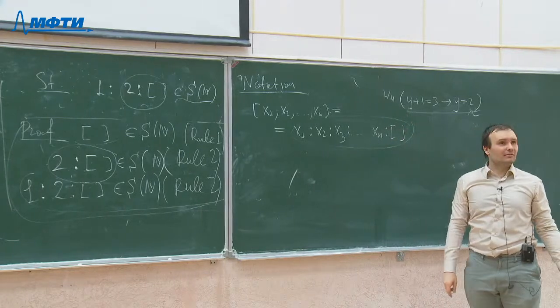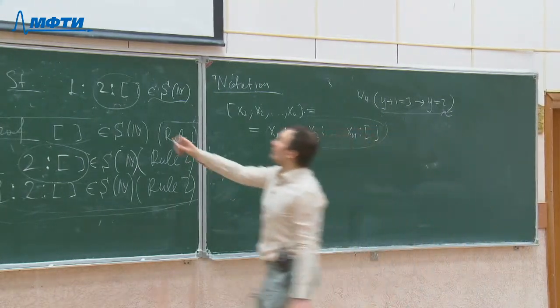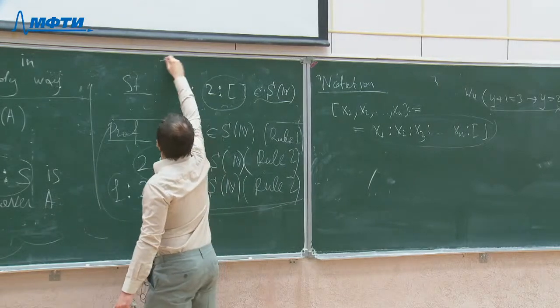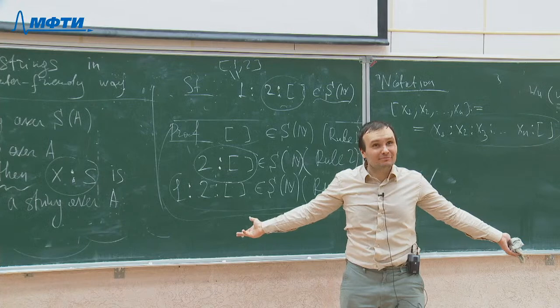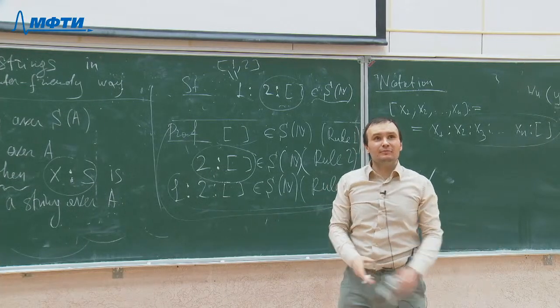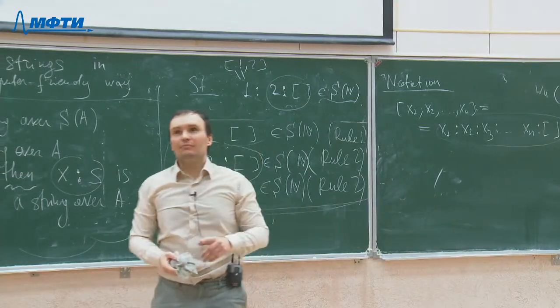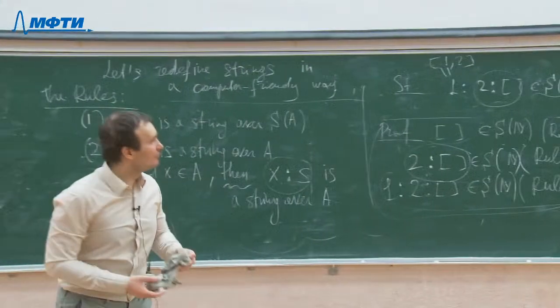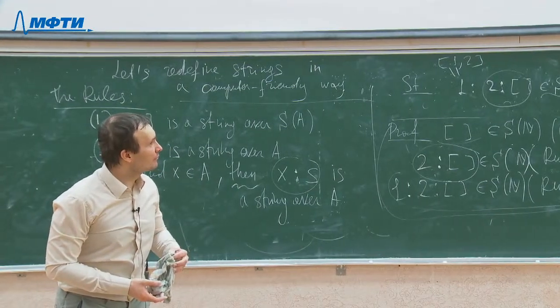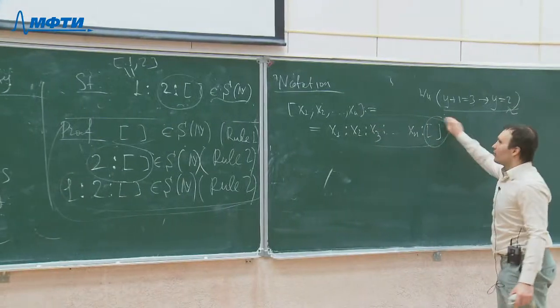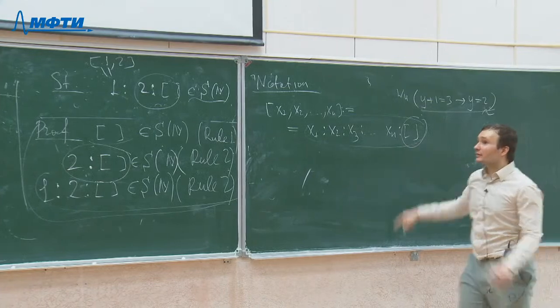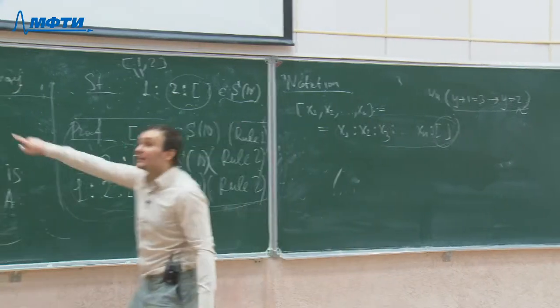Is it clear? For example, this can be shortened to just 1. So, this one is the empty string, of course.